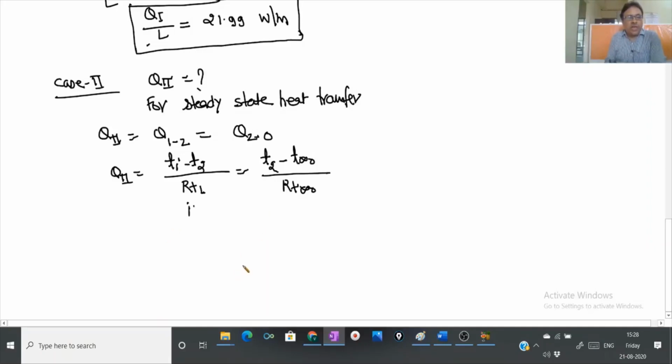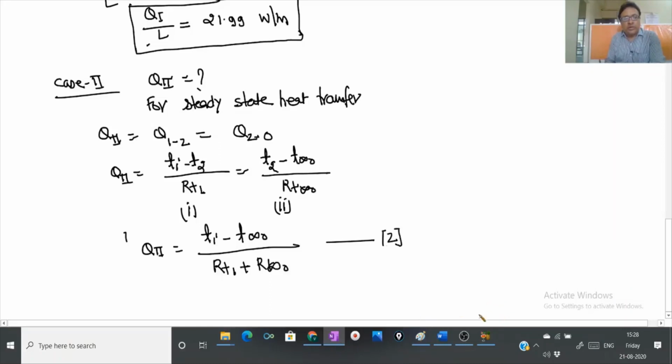So I can calculate either using equation 1 or 2, provided I must know the temperature T2. Since T2 is not known to me, I must be able to express Q2 in terms of the known temperatures T1 dash and outer fluid temperature T infinity O. Under such a condition, both these thermal resistances will add up, and this will be equation number 2.